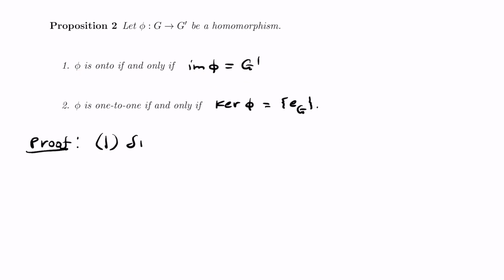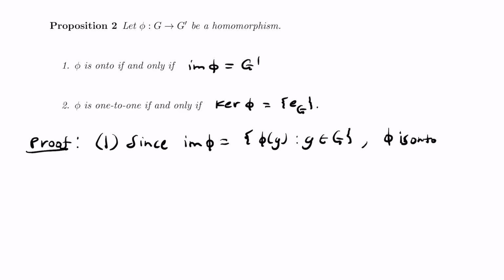So since the image of phi is all of the outputs of G when we apply phi, then phi is onto if and only if the image of phi is G prime itself.